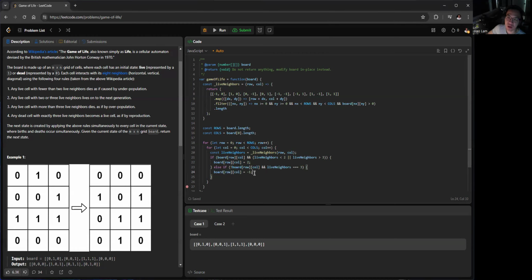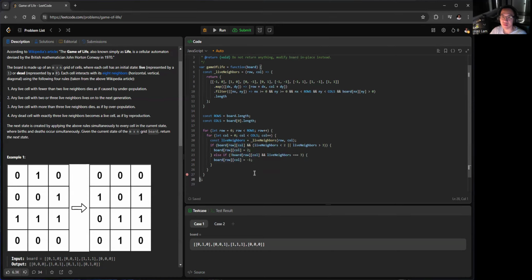And we need to use a -1 to represent the previous state of the dead cell, right? And 2 to represent the previous state of the live cell. So again, if it is a live cell, we only turn it into a 0 if it is overpopulation or underpopulation. And if it is a dead cell, it becomes alive if and only if the number of neighbors equals 3. Okay, and that's it.